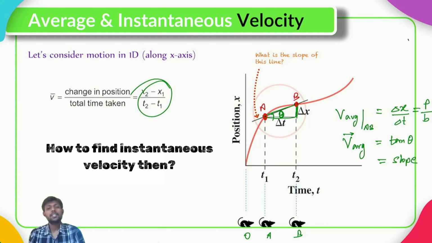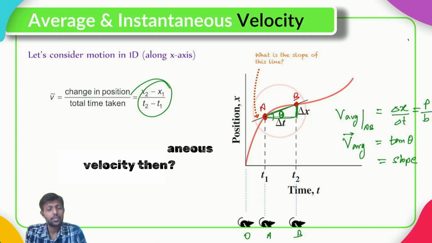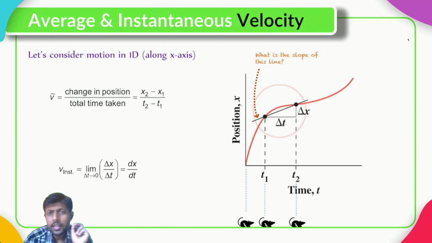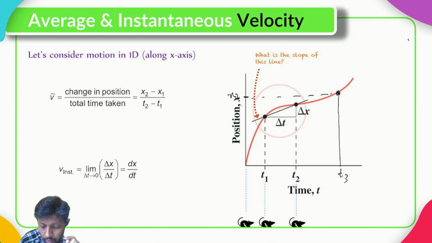Again, tangent itself gives us the instantaneous velocity, but it's a different kind of tangent. It's the tangent to the curve at the instant. If I have to find out the instantaneous velocity at this point, let's say t3, from the graph, what you do is at the point t3, you find out the displacement x3. This is the displacement. Now at this point, you draw a tangent to this curve.